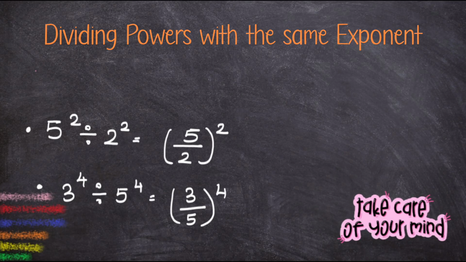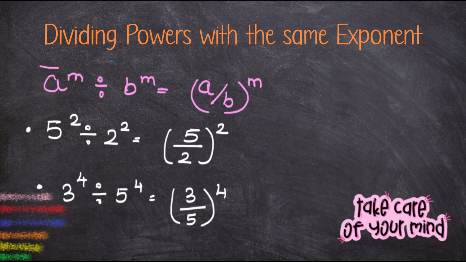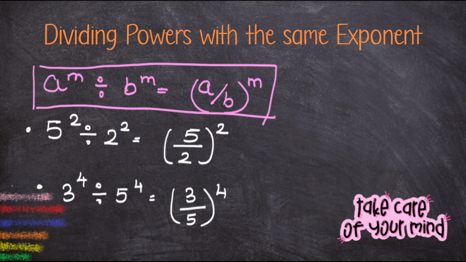So what does this law say? That a raised to m divided by b raised to m will give me a upon b the whole raised to m. Okay. So this is the fifth one.